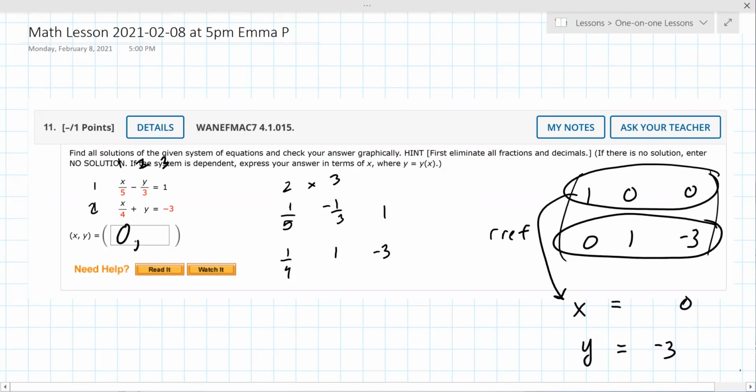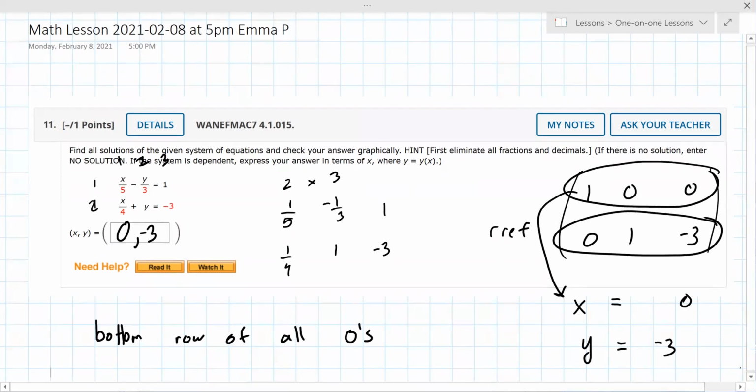The exception to this is when you get a bottom row of all zeros, but that's only true if you have 2 equations. If you have 3 equations, we'll stick with that for the moment.